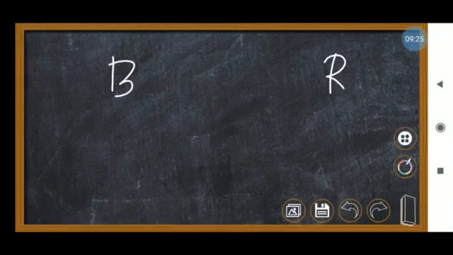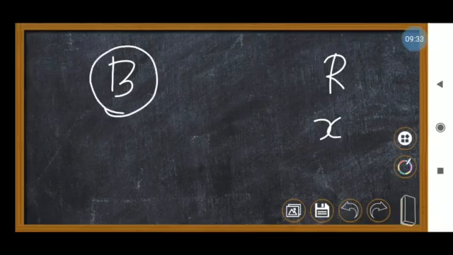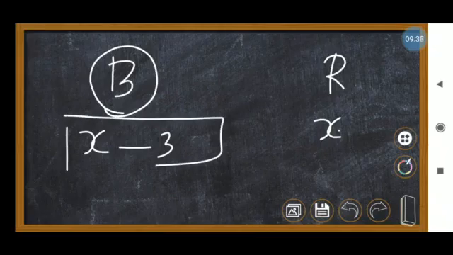Next one, Balu is 3 years younger than Raju. If Raju's age is taken as x, Balu's age will be 3 years younger than his age, so x minus 3. This kind of thing, we only have to reduce the information from that.